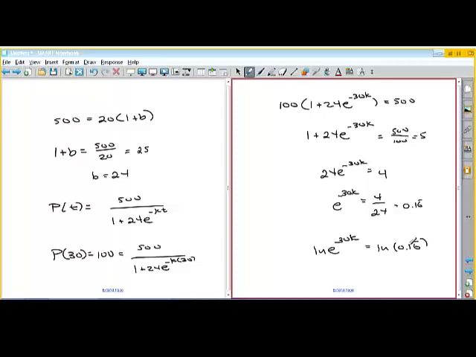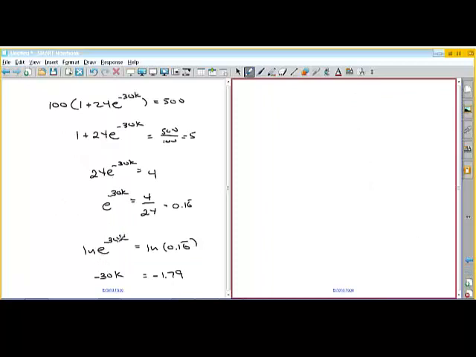So we take the natural log of the answer, which is negative 1.79. So using the inverse properties of logarithms and exponentials, that becomes negative 30k, and therefore k is equal to negative 1.79 divided by negative 30, which is 0.0597.